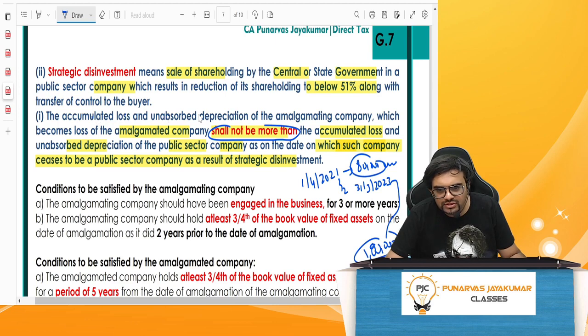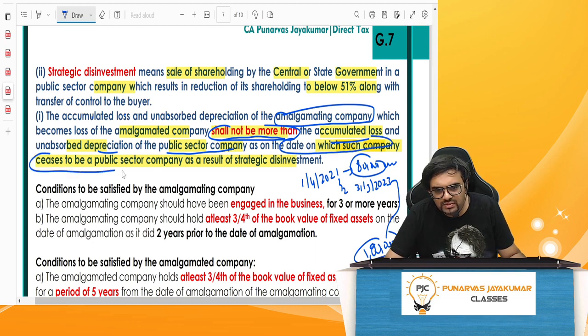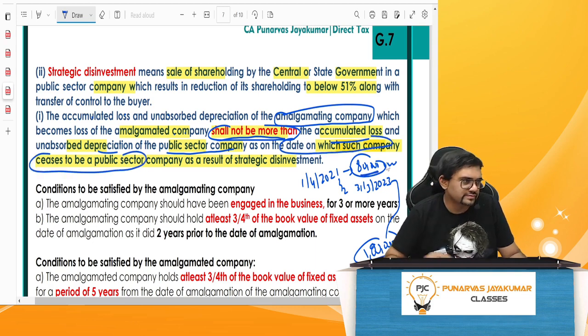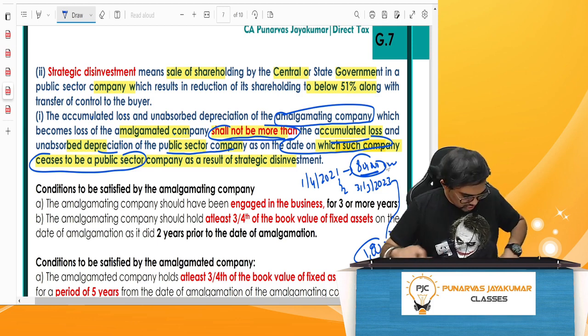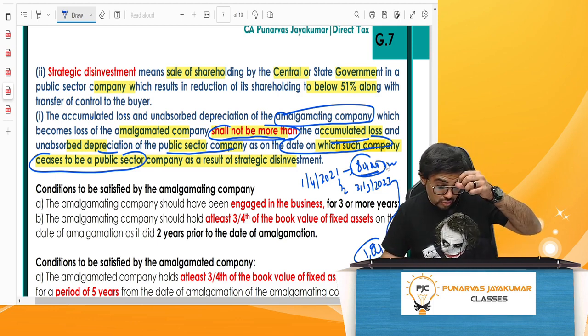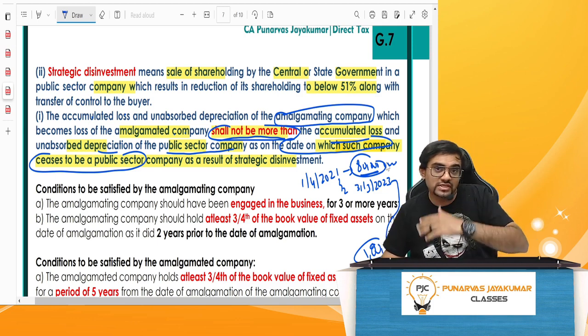The accumulated loss and unabsorbed depreciation of the amalgamating company, Air India, which becomes loss of the amalgamated company, Tata, shall not be more than the accumulated loss of the public sector company as on the date on which the company ceases to be a public sector company: 80,000. So you cannot use amalgamation as a tool to increase the losses and take over an extra 20,000.